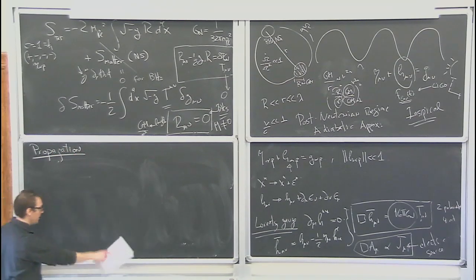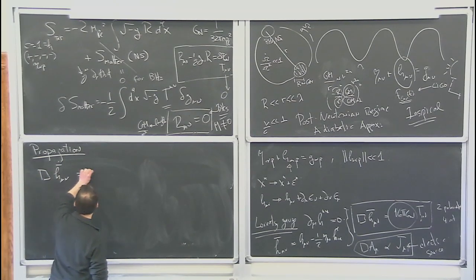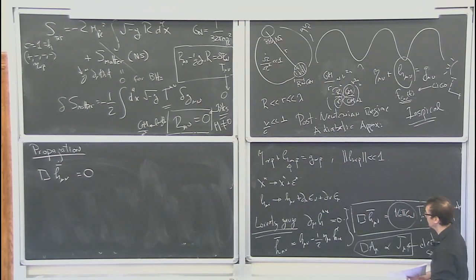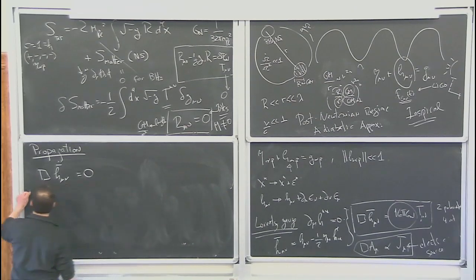So we're not going to source them, we're going to see how they travel. And now we see that we have some remaining freedom, if you do coordinate transformations that obey that the box of epsilon is 0, then the state obeys this equation.